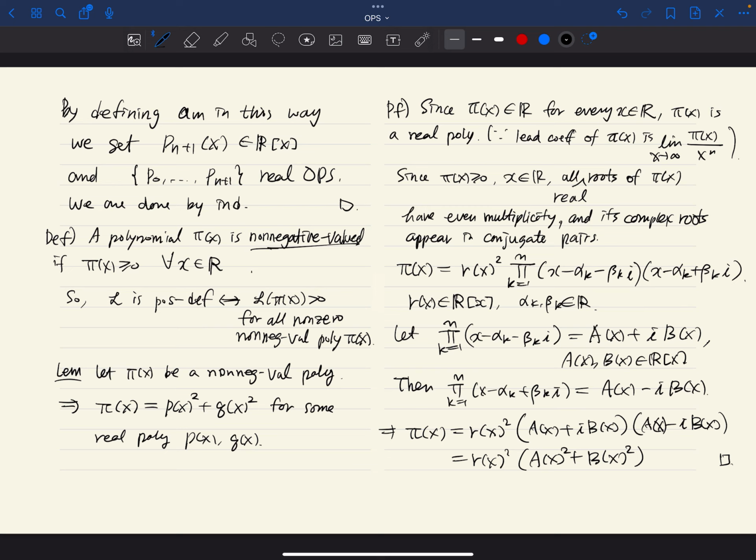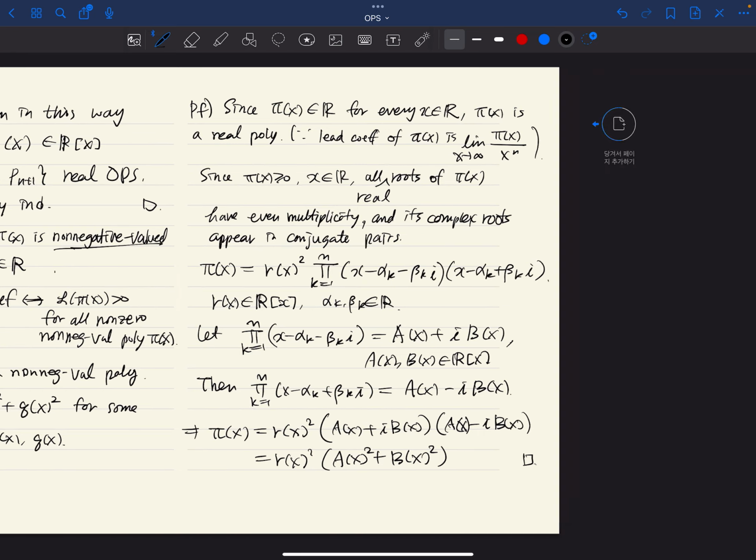So because of this, now let's look at this definition again. L is positive definite if and only if this is positive, if this is a non-negative valued polynomial. But a non-negative valued polynomial can always be written in this way. So it's enough to consider p(x) squared there for a non-zero polynomial p.